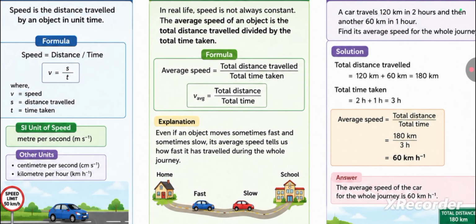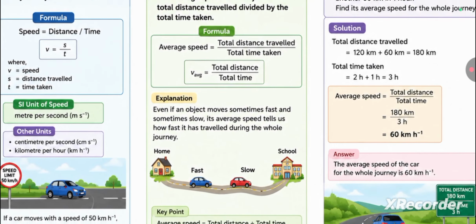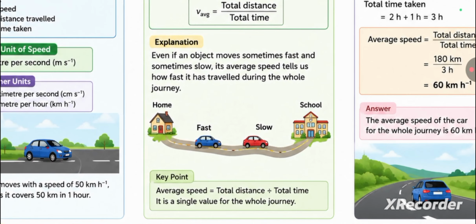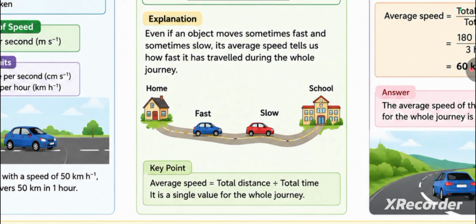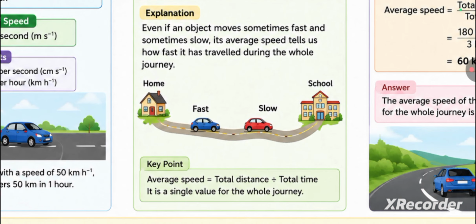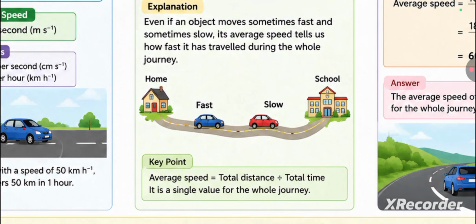Let us understand this topic with an example. Even if an object moves sometimes fast and sometimes slow, its average speed tells us how fast it has traveled during the whole journey.